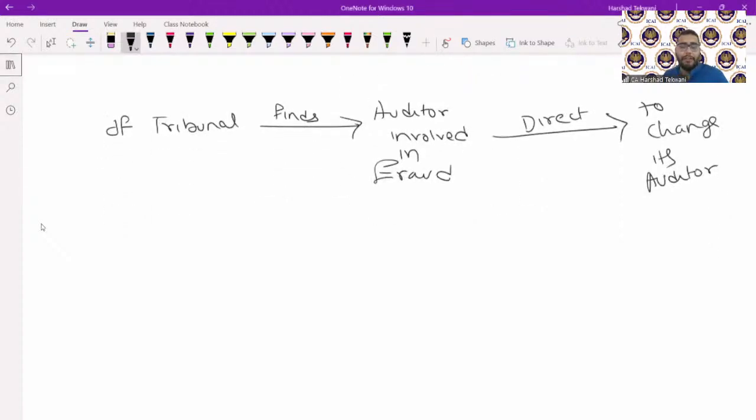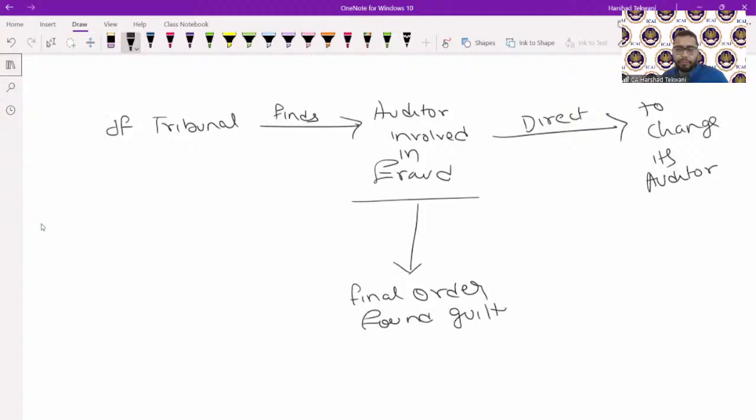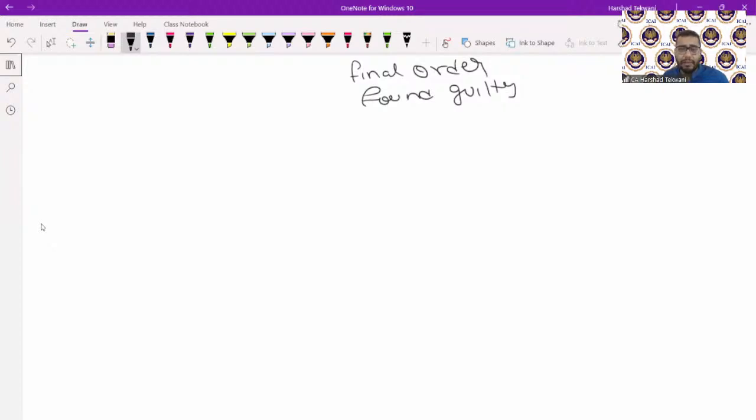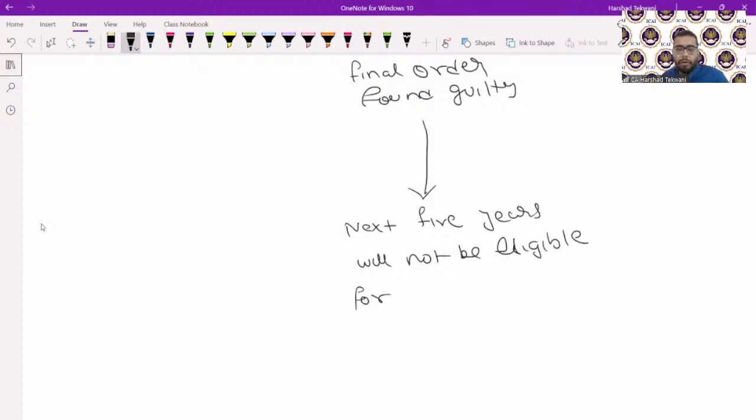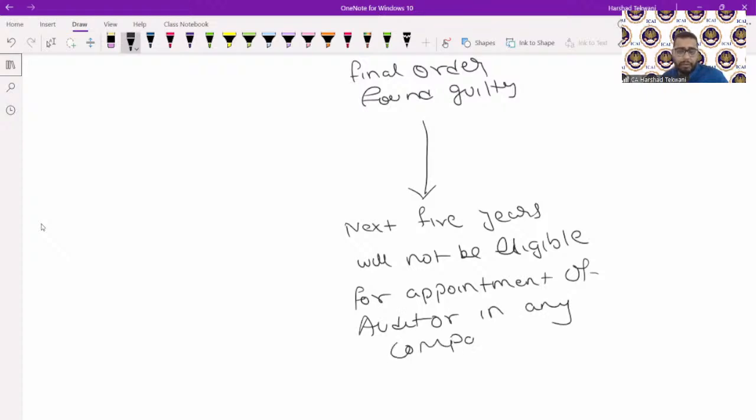So what will happen is, if an auditor involved in fraud is found guilty in the final order, then for the next 5 years that particular auditor will not be eligible for appointment as auditor in any company, not only this company but any company.